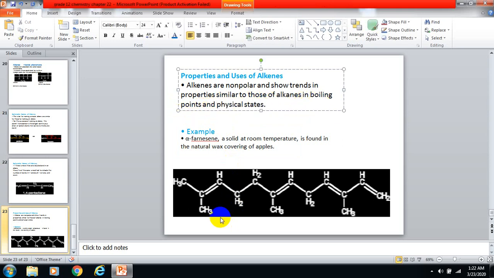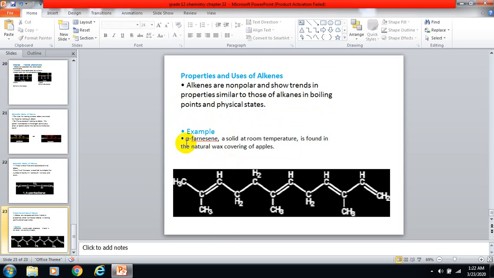Example: alpha-farnesene, a solid at room temperature, is found in the natural wax covering of apples.